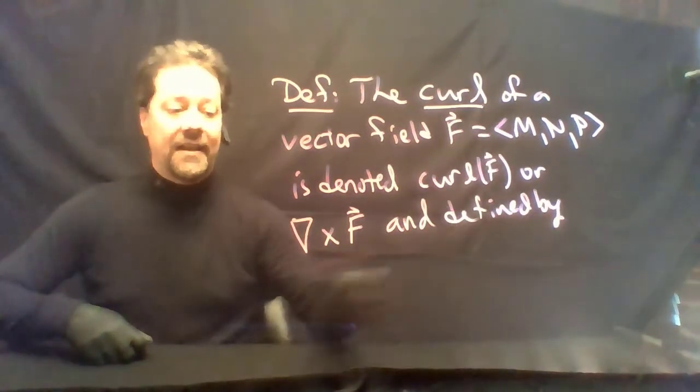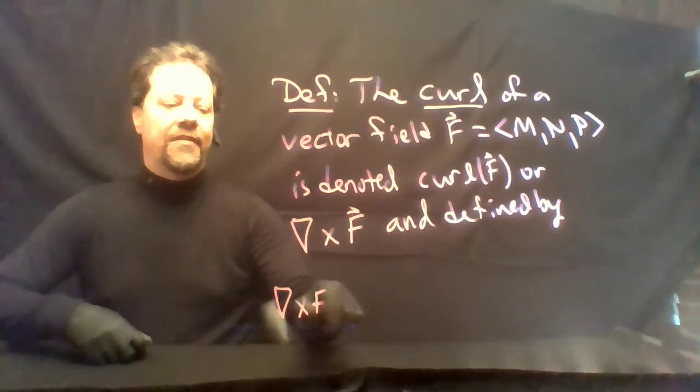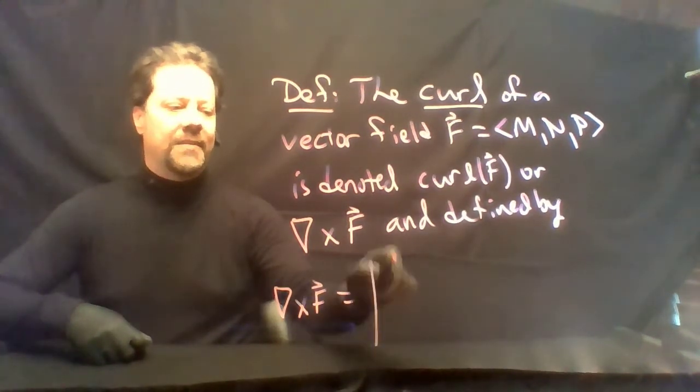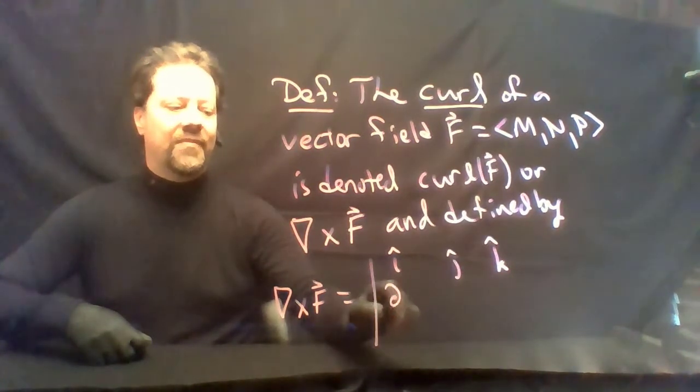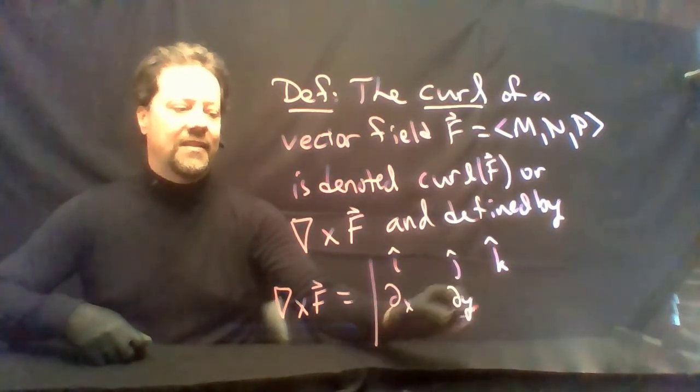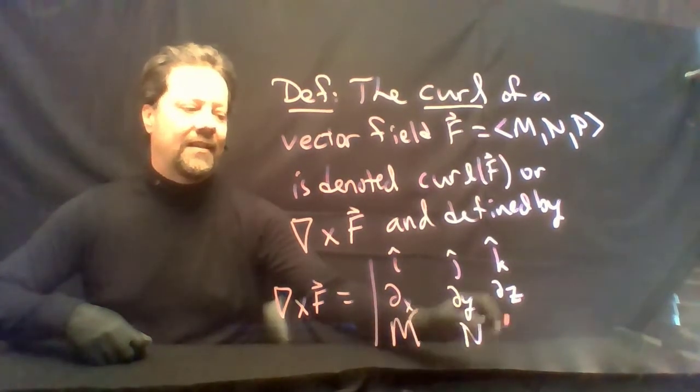And it's defined exactly as you might anticipate. The curl of the vector field F is the determinant of i, j, k, dx, dy, dz, m, n, p.